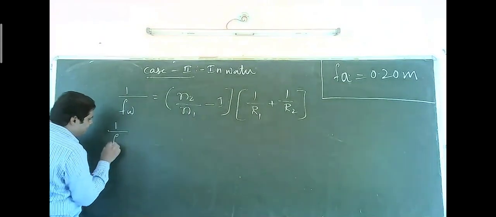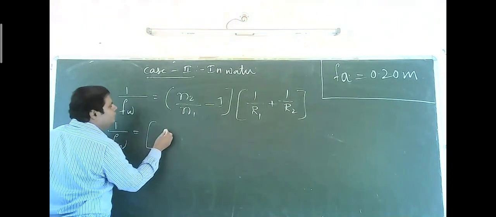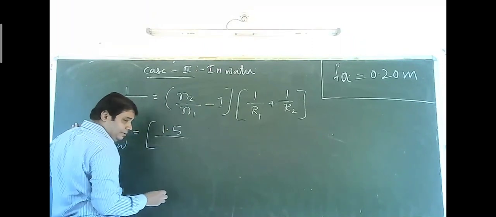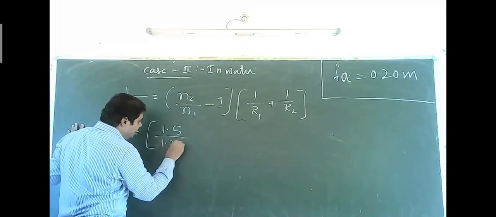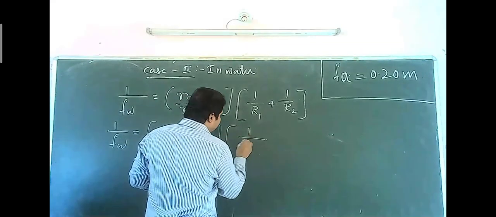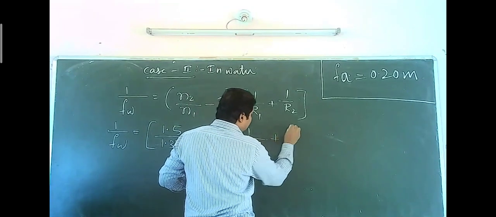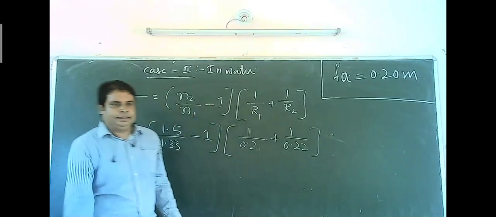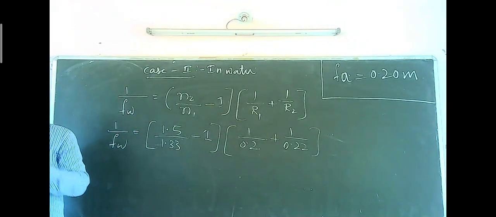So 1 divided by f is equal to, n2 here is 1.5, and n1 is the refractive index of water, 1.33, minus 1. Once again, 1 by the same 0.2 plus 1 divided by 0.22. Correct. Next.